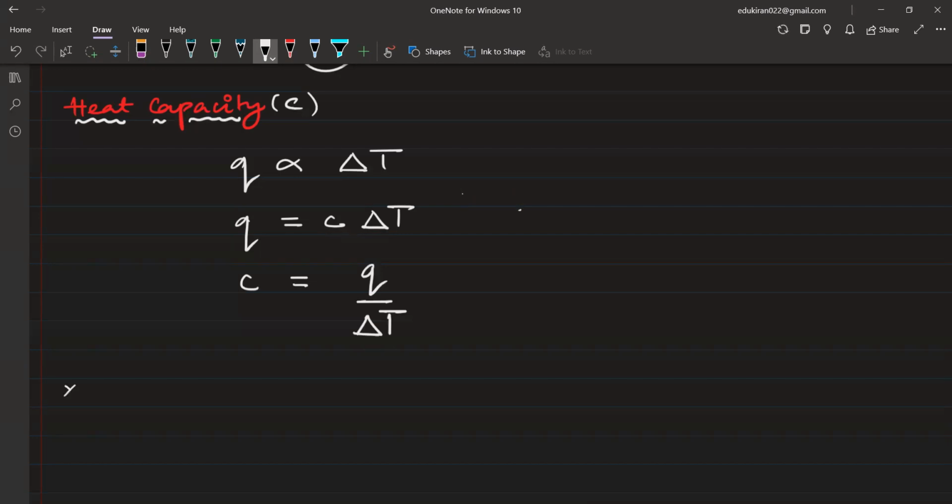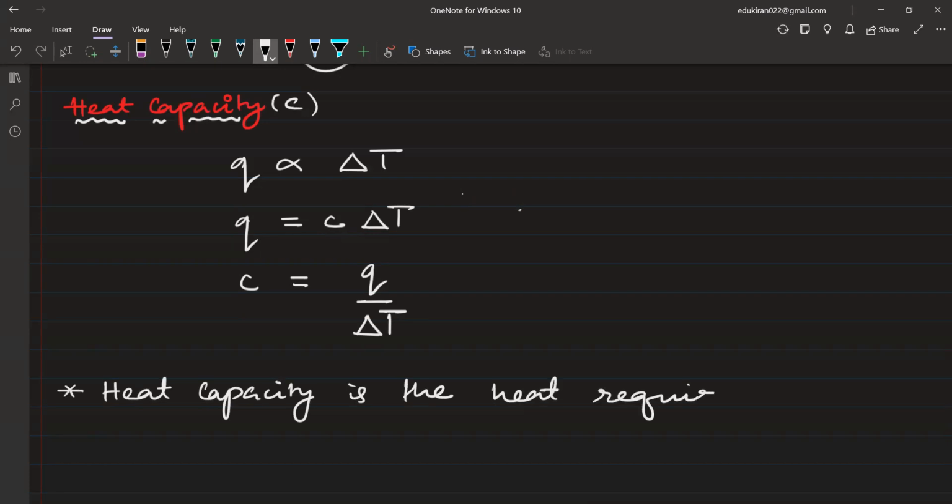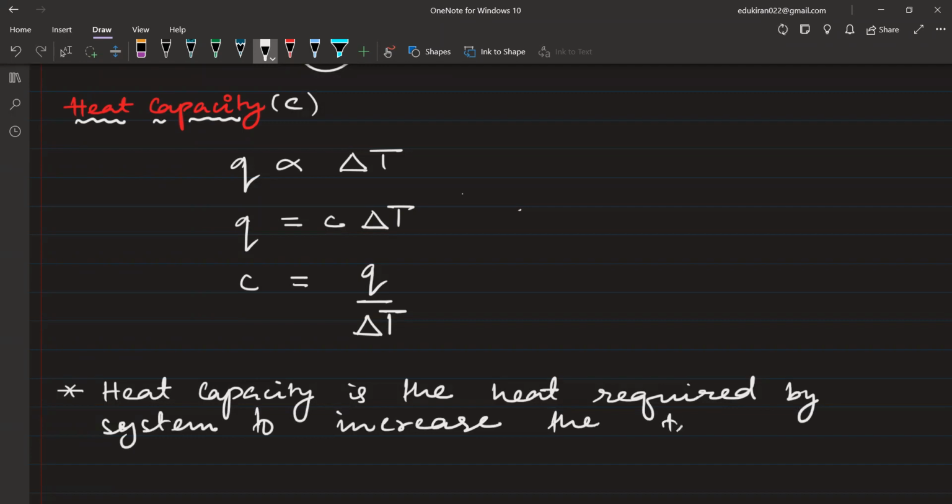So how will I define this? I will define this as heat capacity is the heat required by system to increase the temperature by 1 degree Celsius. 1 degree Celsius हमने increase किया, so this C will be equal to Q. So what is heat capacity?